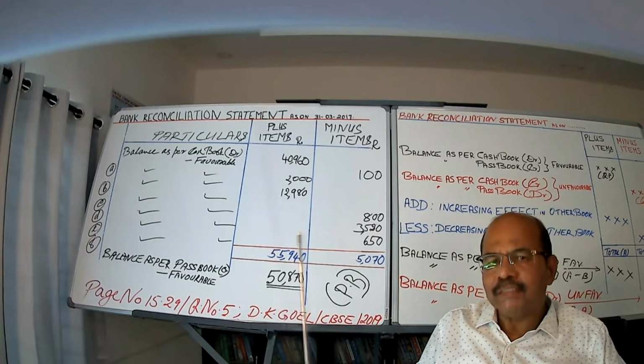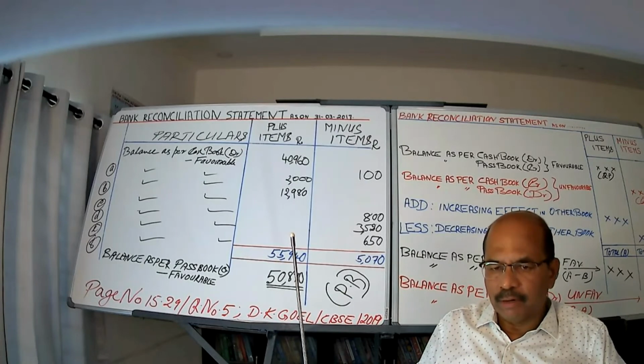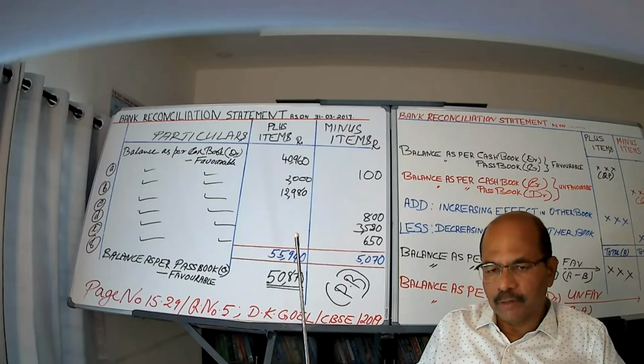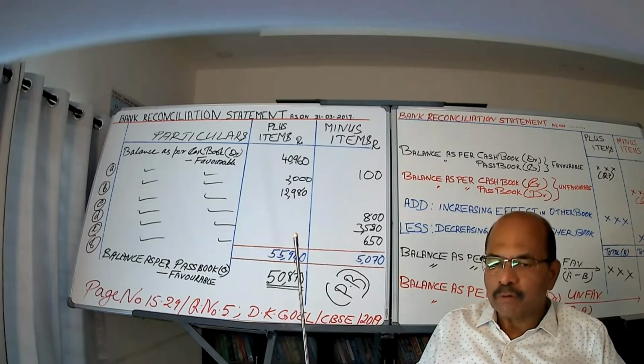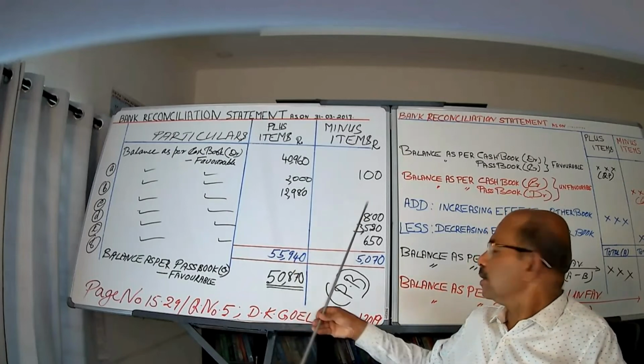But for the moment, just understand: for rendering the service or taking the risk of discounting the bill, the bank has charged rupees 800. The bank has reduced your balance by 800, which you have not accounted. So bank balance is down, your balance is up. Bank balance is the base, so down. I'm showing it here, 800.